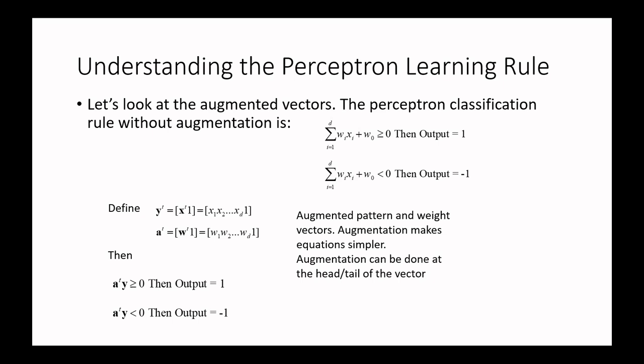And then sometimes people convert these 2 conditions into a single condition. If you take the second inequality and multiply it with -1, then the sign of the inequality is inverted. So instead of less than 0, you can say greater than 0.